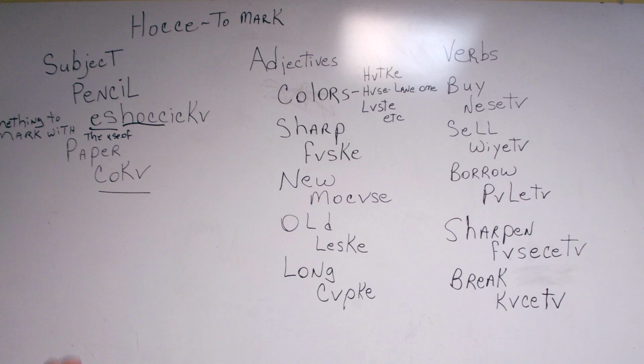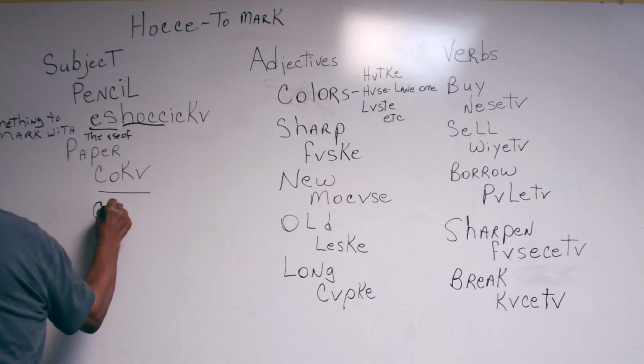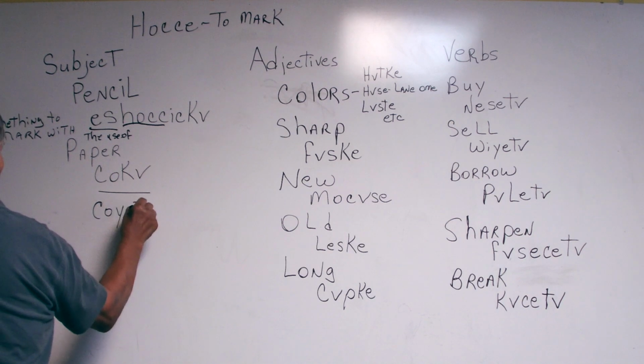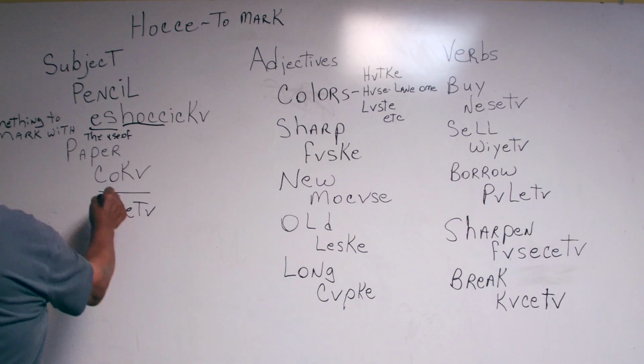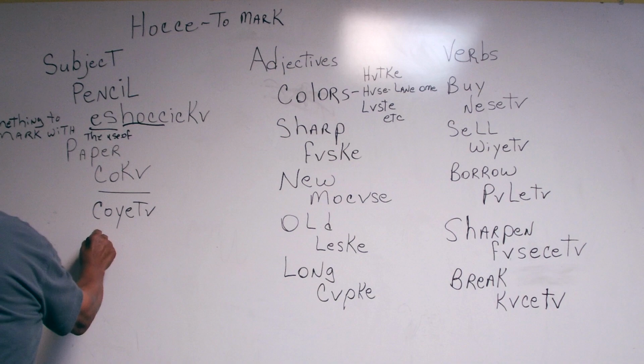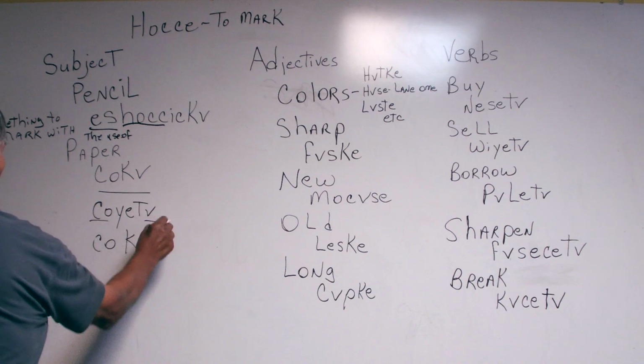So if you're putting your mark on paper, or since paper is what you typically put your mark on, they use that word choga. Choga is actually short for choyeda, to mark on something. So that's where we get the word paper.